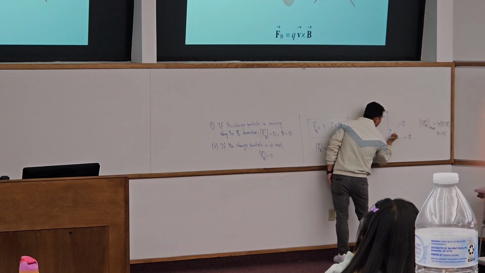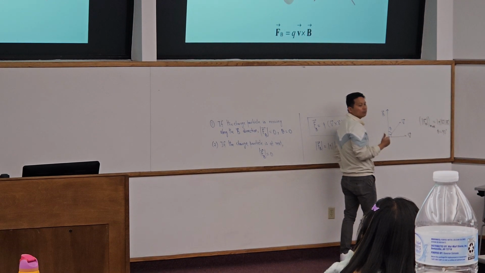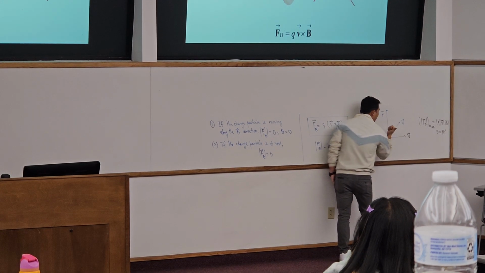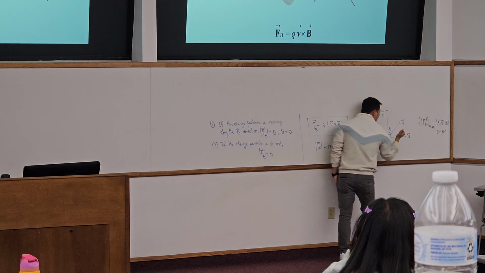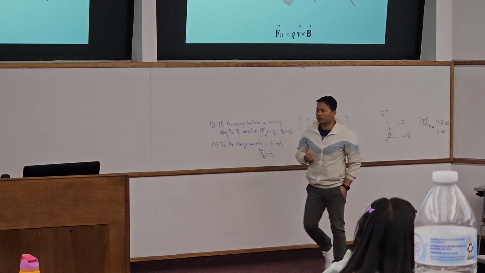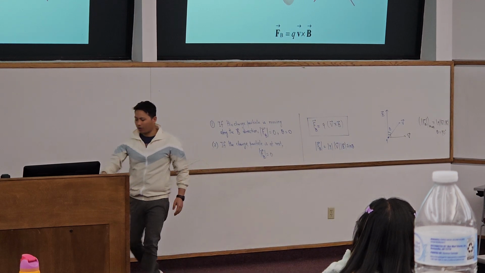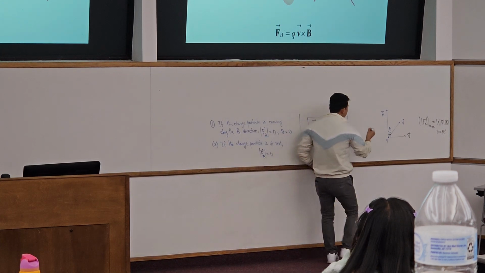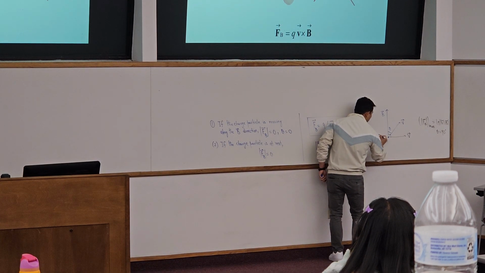The direction of the thumb gives the direction of force. So over here, your force is going to be out of the whiteboard, and the vector rotation will represent it like this.